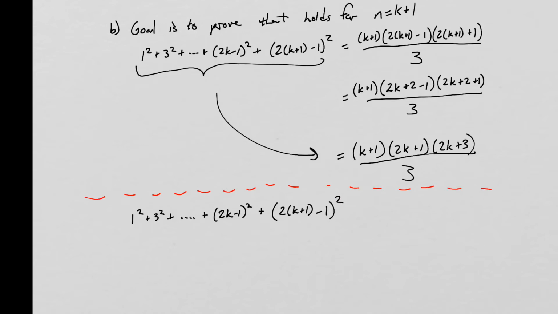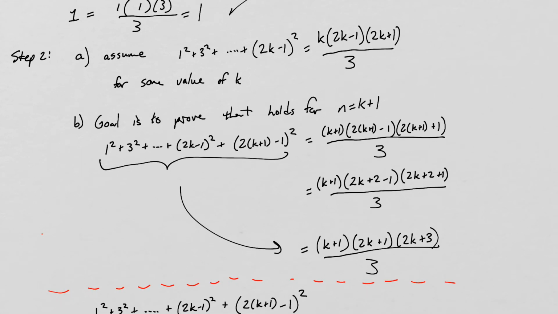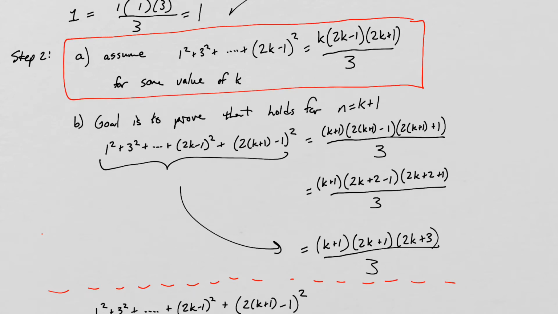I know that's really gross. What we have assumed is that this thing is equal to this thing, because this was our assumption all up here in part A of step 2.